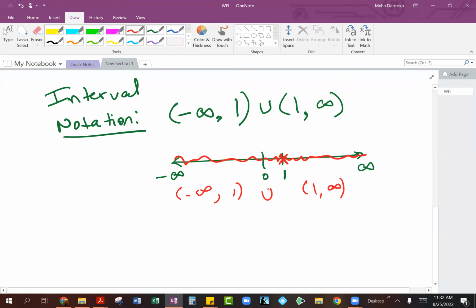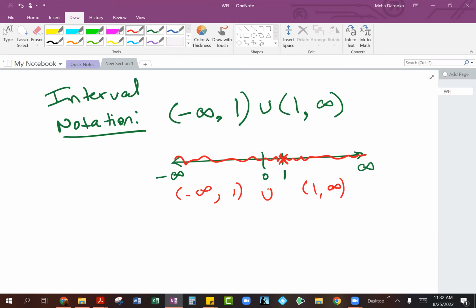So the difference with interval notation is you either use parentheses or brackets. Parentheses is for not including the number, brackets is for including the number. Now, you will see we have parentheses on infinity, and that's not because we are not including infinity. Obviously we want the all real number aspect of this solution, but the infinity symbol is technically not a number.